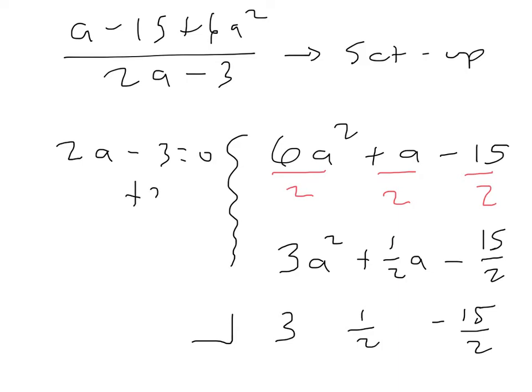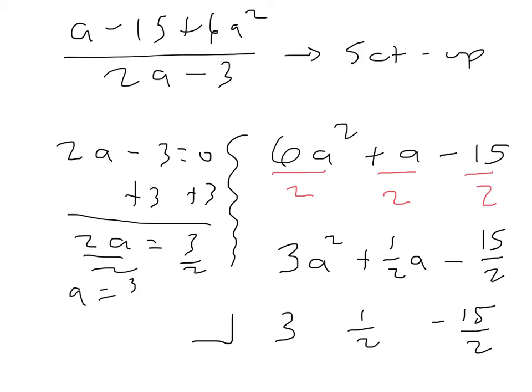So we'll add 3 and divide by 2 and find that the 0 is 3 over 2. So that number then becomes my multiplier. Alright, now I'm set up for the actual synthetic division.